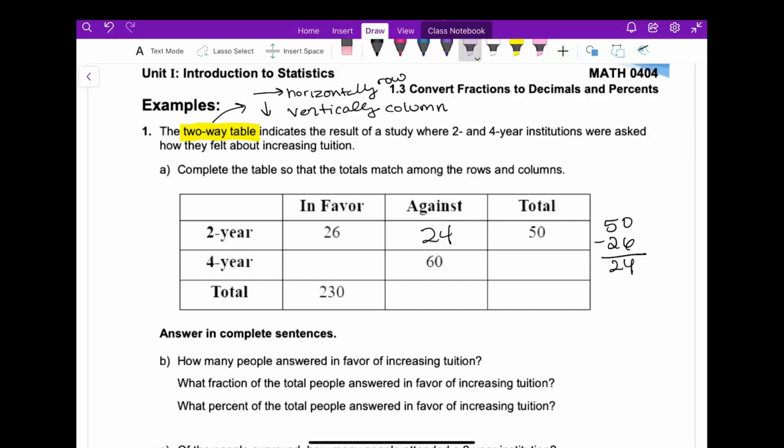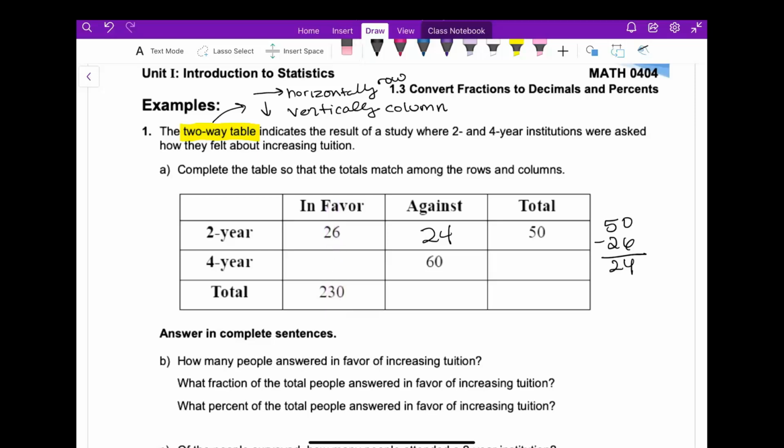So I'm going to take a look at the 4-year. See how we have two missing values, and you cannot find those two values because we don't know what they are. We move on to a column. Here, since I have a total, I'm able to see what I'm missing.